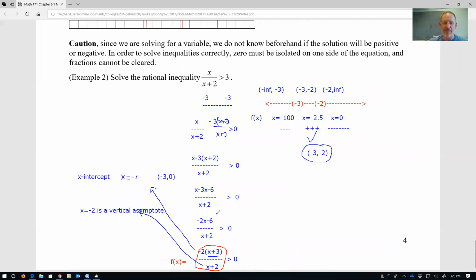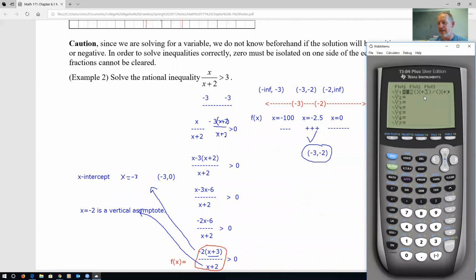Now we can verify by the graph. So I'm going to pull that up. On the calculator, I have put this factored function in. If I just push graph, you can see at -3 the graph is going to be positive.